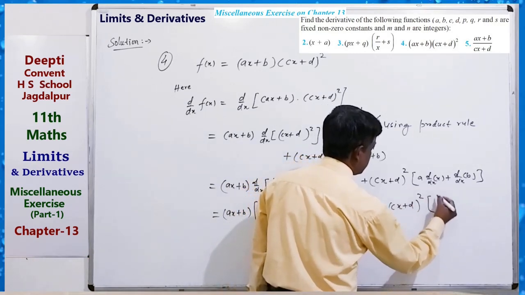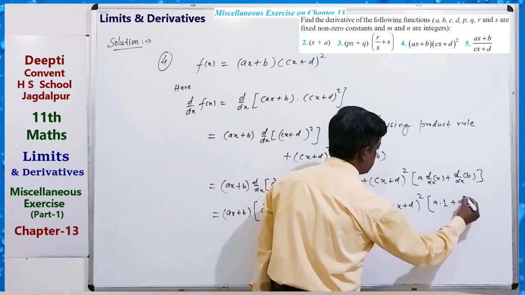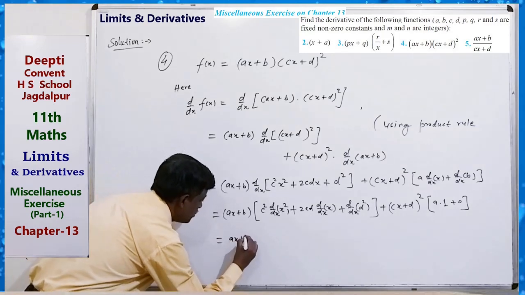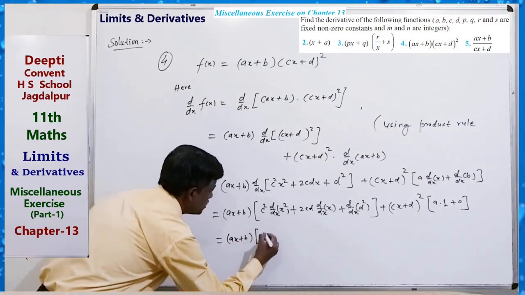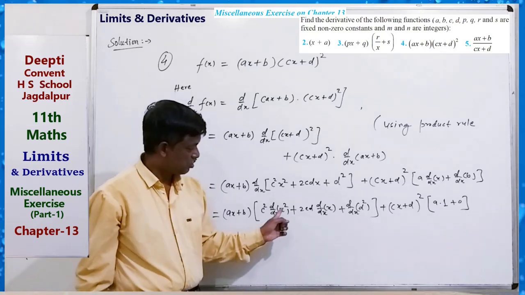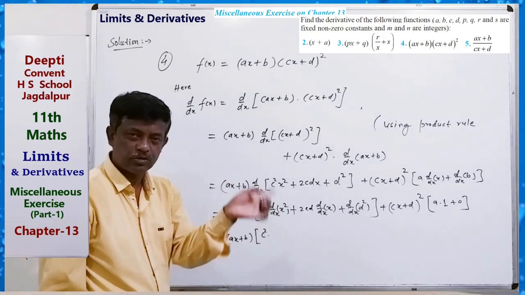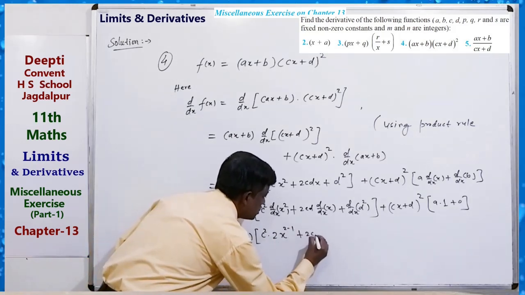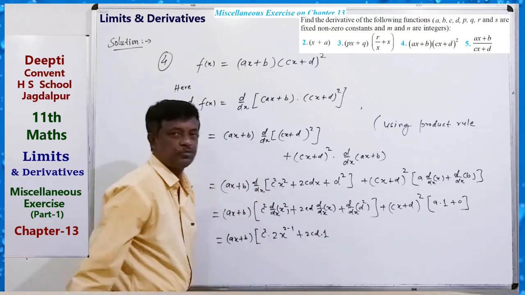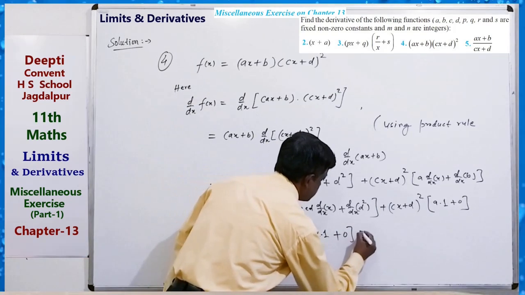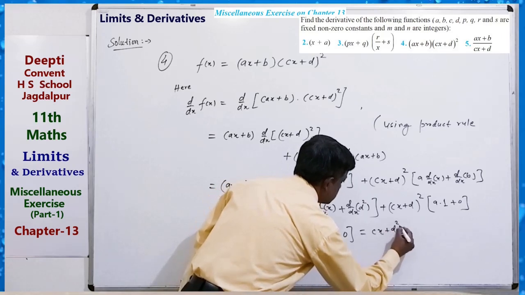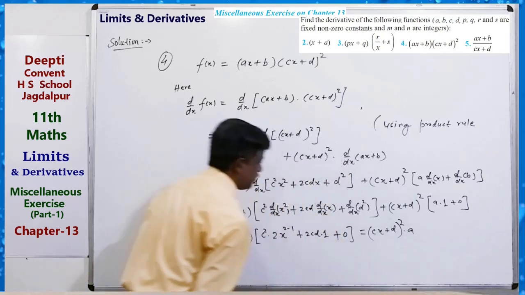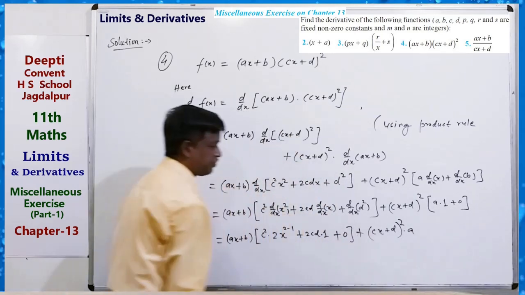Now here a into 1 plus 0. Now here (ax + b), c square, using the formula x to the power n minus 1, 2x to the power 2 minus 1, plus here 2cd, derivative of x is 1, plus constant 0. So (cx + d) square into a. So a plus sign is there.